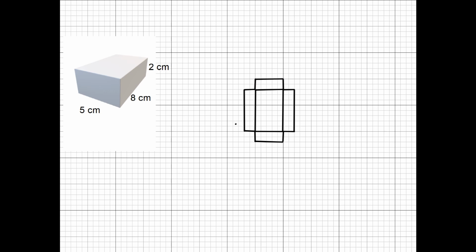And finally, the top is going to be identical to the base, and you could attach that to one of the sides. You could draw the top like this, attaching it to one of the smaller faces like this. That's 5 by 8, 3, 6, 8.